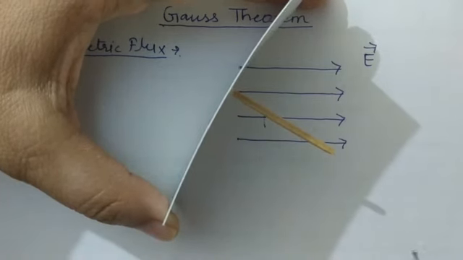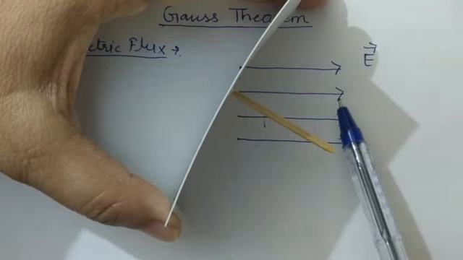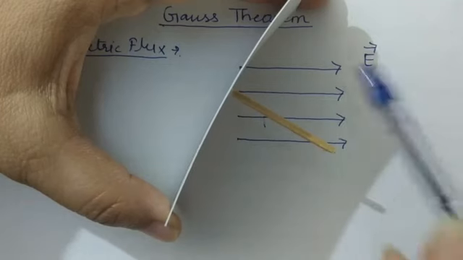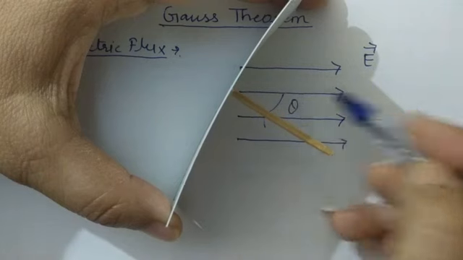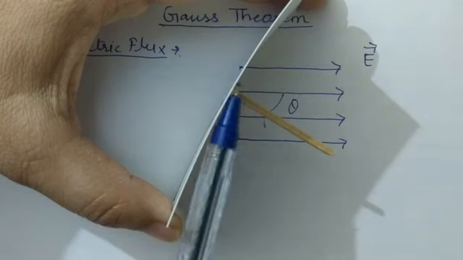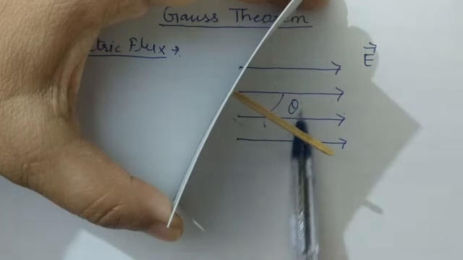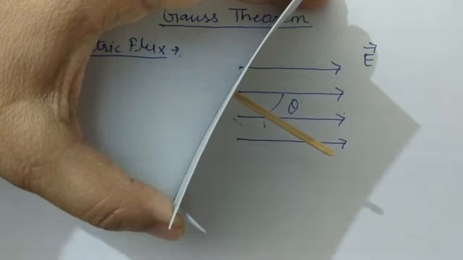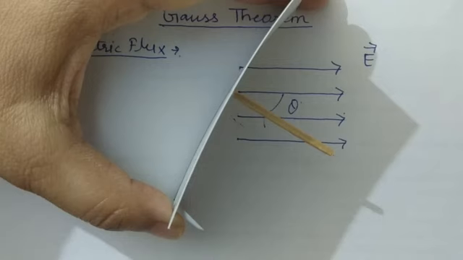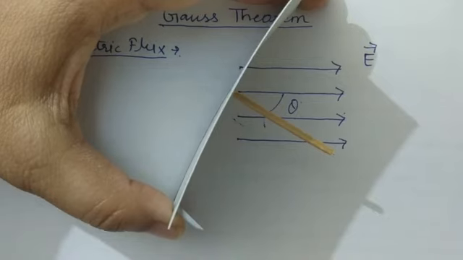Then we see the area vector has some angle with this electric field line. Suppose that angle is theta. The area vector and the electric field line have angle theta. So in this case, we'll have to find the component of electric field which is perpendicular to the surface. How we do that, we'll see, and then we'll get the formula for electric flux.